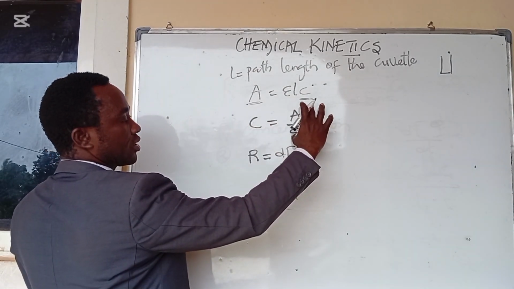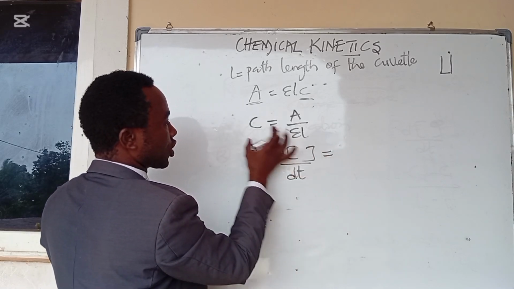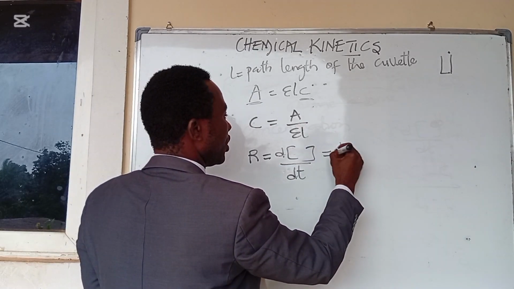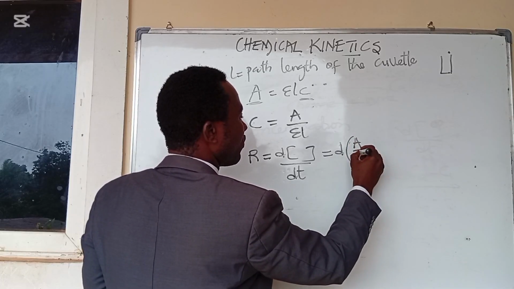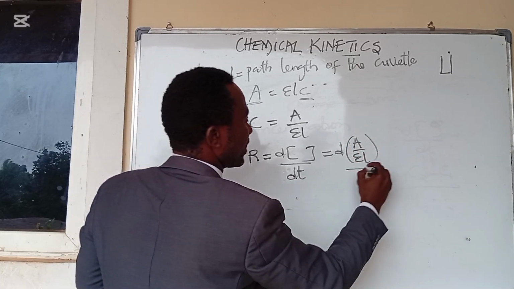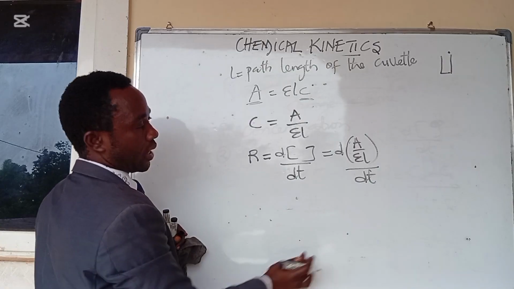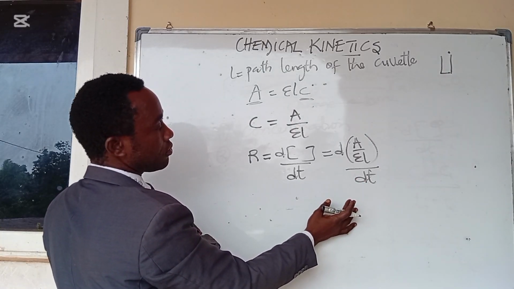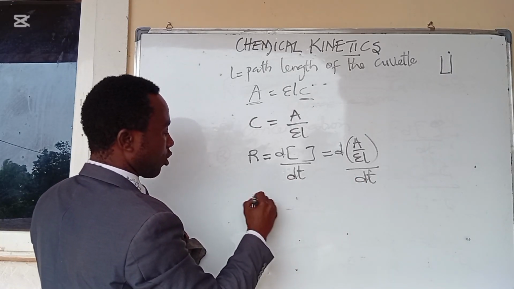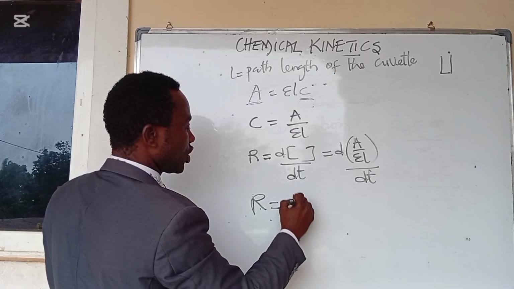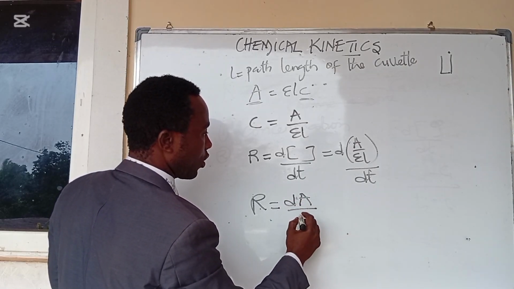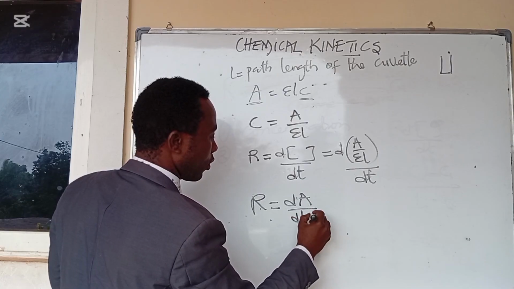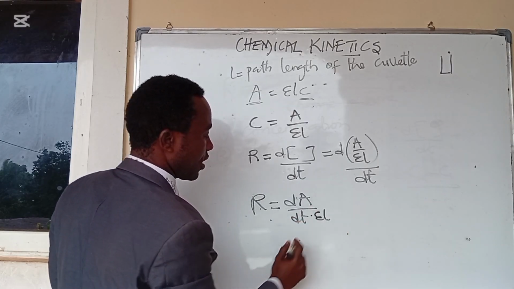And we know that this can replace concentration. That means that concentration, which is changing, becomes changing A over EL, then divided by change in time. You can see from here that my rate of reaction will become change in absorbance divided by change in time multiplied by 1 over EL.